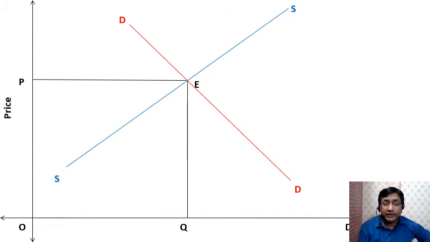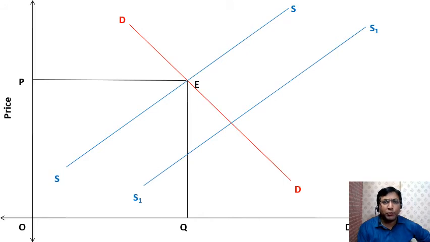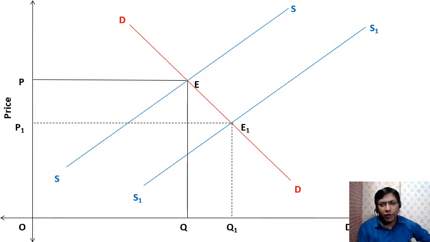So, the supply of onions will increase. When the supply of onions increases, the supply curve will shift towards right. We'll get a new equilibrium point E1 and a new price OP1. And of course, even the quantity supplied rises to OQ1. So when the supply of a commodity rises, the price of the commodity may fall.